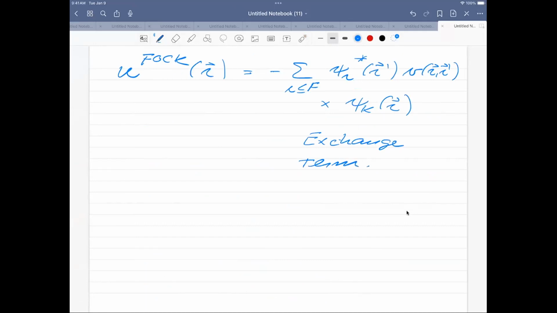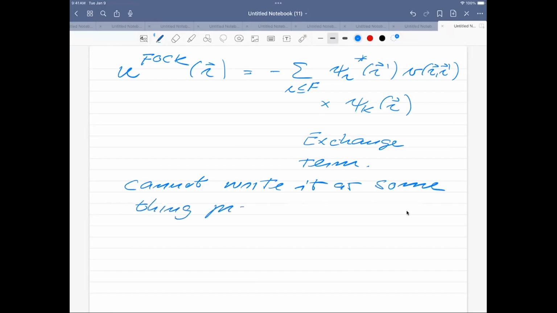And we cannot write it, so note this, cannot write it as something proportional to density.